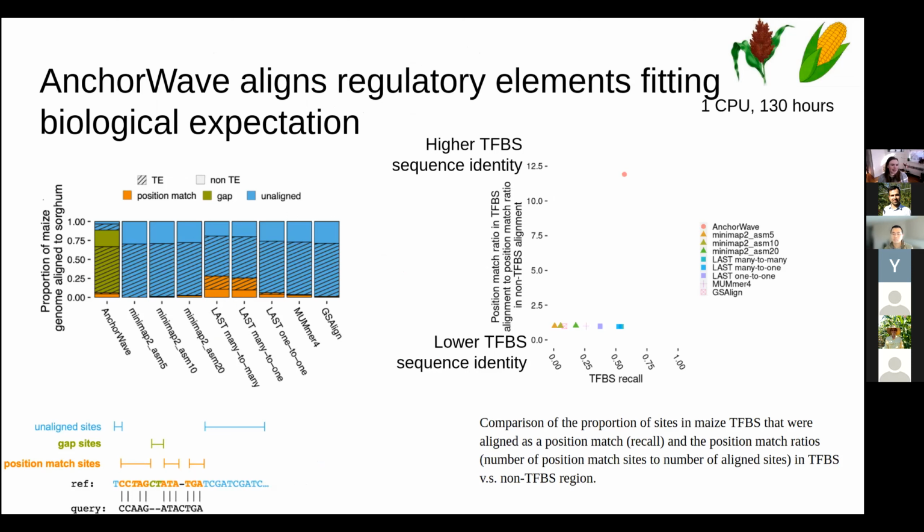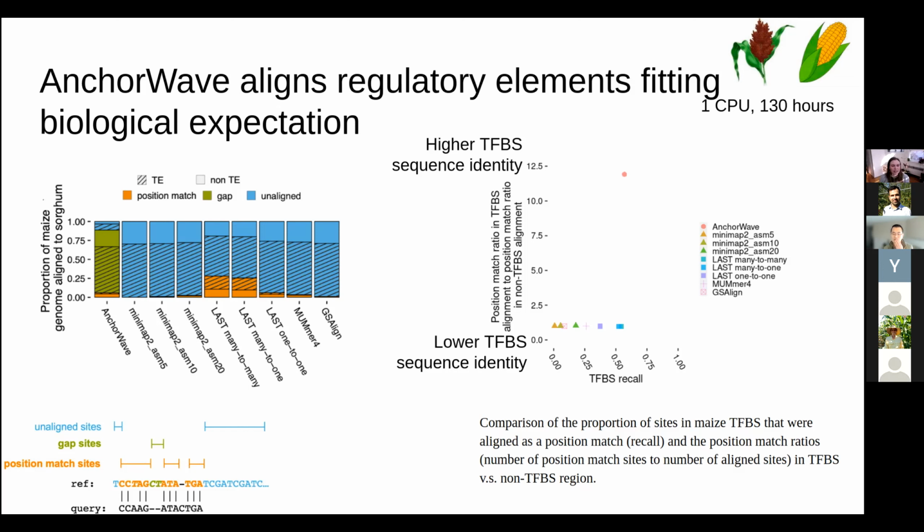One of the problems we kept running into was that if you give an aligner 2 sequences, it's going to give you an output. And it can be really tricky when you're using real data and not simulated data to assess whether it's doing a good job. It's easy enough to look at a single locus and say, okay, this looks right to me or this doesn't look right, but scaling that up genome-wide can be pretty tricky.